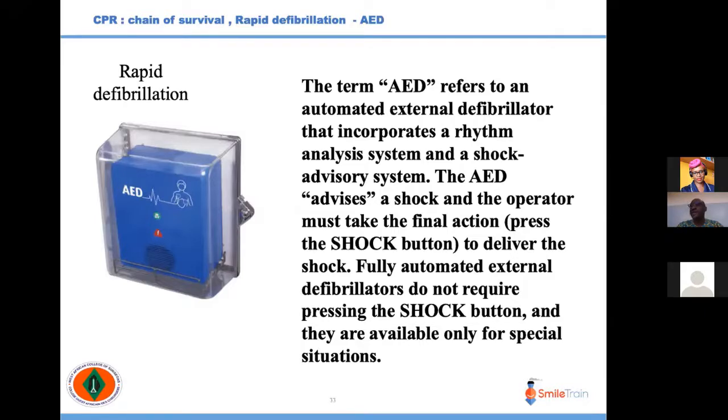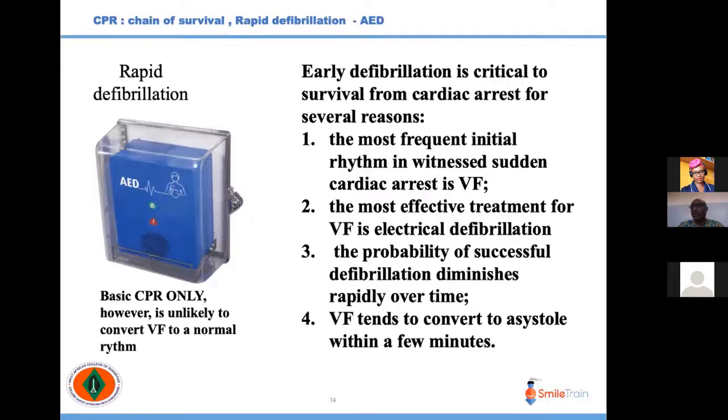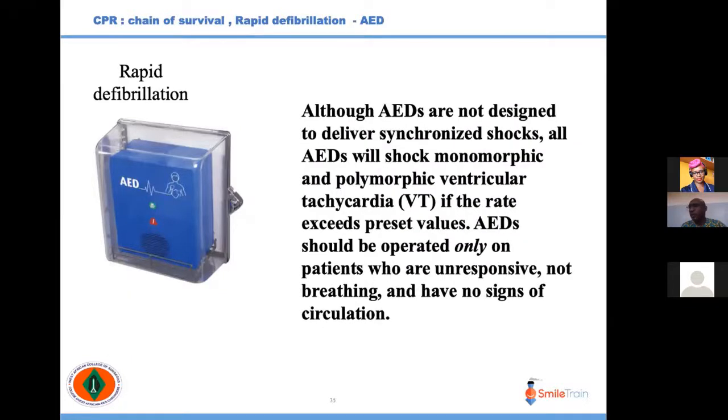Usually you follow the instructions, and they will defibrillate and shock. They will not deliver a synchronized shock, but they will recognize very fast heart rates like ventricular tachycardias. So they should only be used when a patient is unresponsive, because patients can have ventricular tachycardia and still have a pulse and still be responsive.